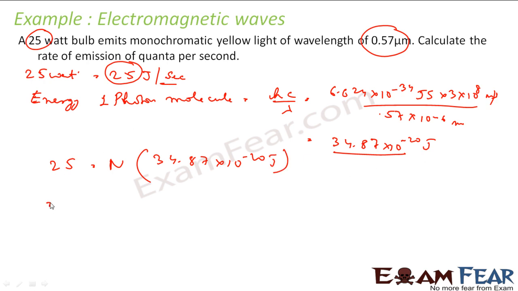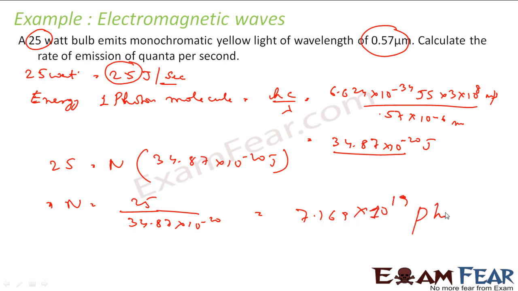So if you want to find the value of n, it is 25 by 34.87 into 10 to the power minus 20. You solve this, you get 7.169 into 10 to the power 19 photons per second. This is the number of photons that are emitted by the bulb per second to make sure that 25 joule of energy is released per second.